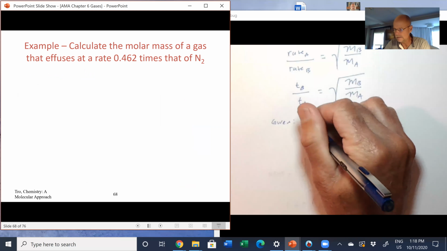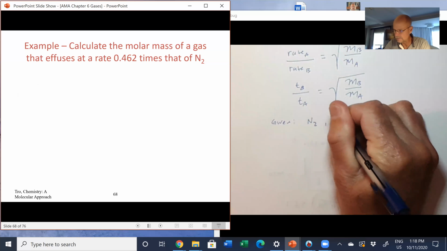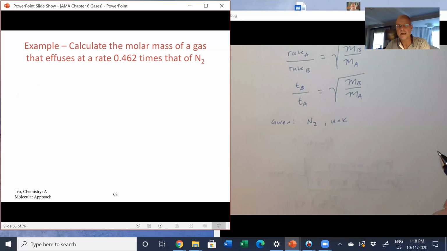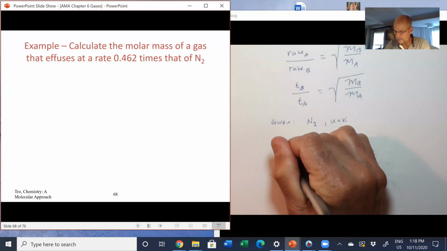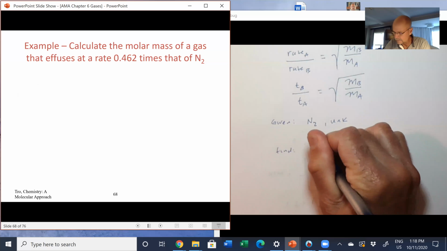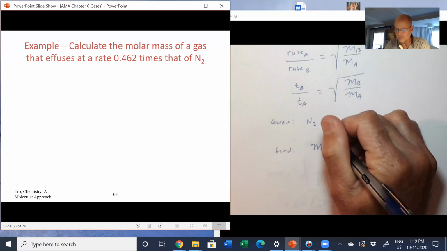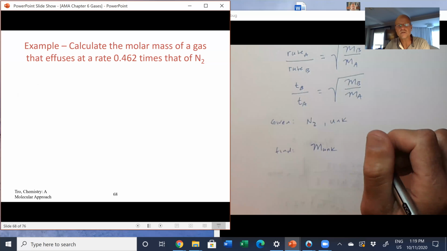We'll call them nitrogen and the unknown gas, right? And we want to find the molar mass of the unknown gas. And we're given that the rate of diffusion of the unknown gas is equal to 0.462 times that of nitrogen.